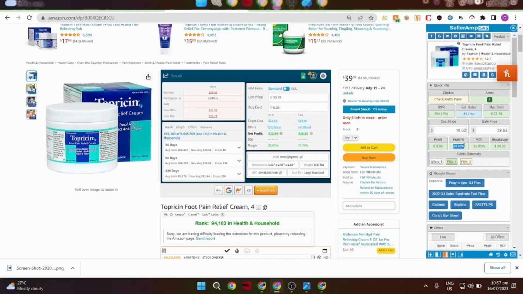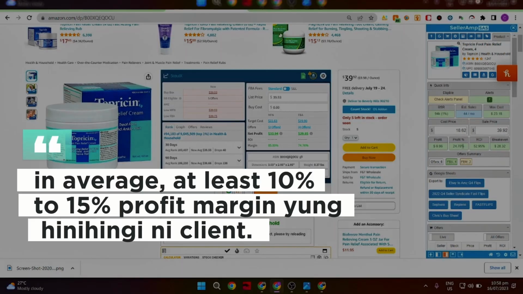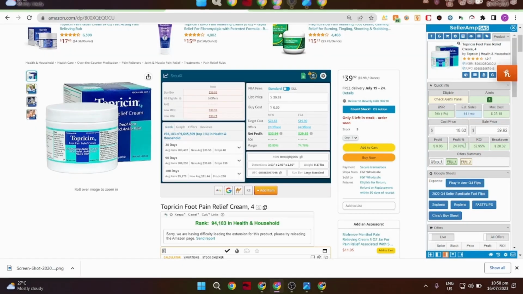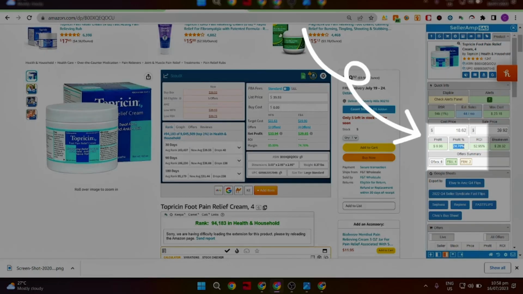So, ibig sabihin, kung mas mataas yung profit margin, bali meron tayong malaking margin para in case magtatap yung product or meron fluctuation, meron pang babalik na pera kay client. In average, at least 10% or 15% yung hinihingi ni client pag sa profit margin. Makahanap ka ng product na merong 15% profit margin, ibig sabihin goods yun. Pero dito sa atin, sa product na to, is meron siyang 24, which is more than good yung nabigay natin.